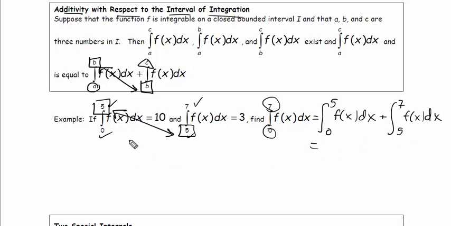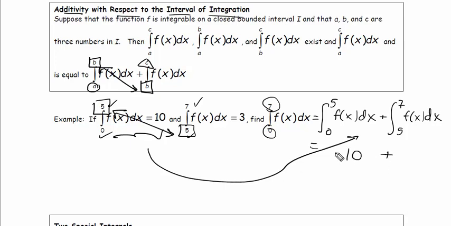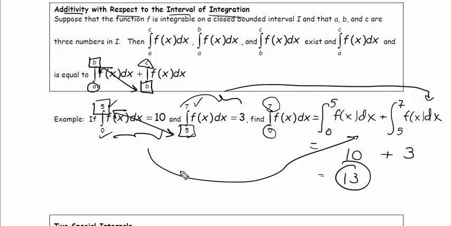So this first number they gave me was a 10, and the second number they gave me was a 3. So 10 plus 3 is 13. Alright, so hopefully that all made sense, that you can split the integral up based on the additivity with respect to the interval of integration property.